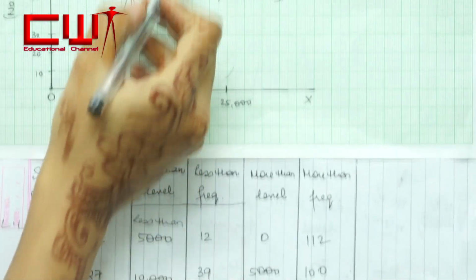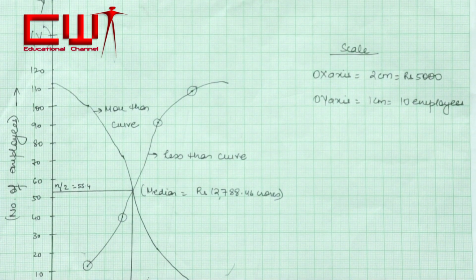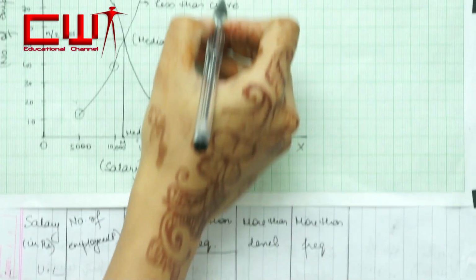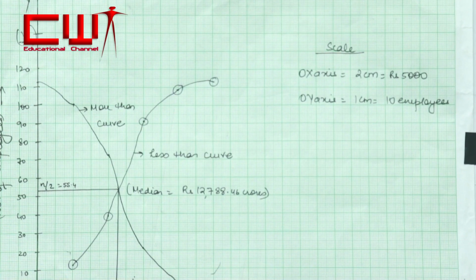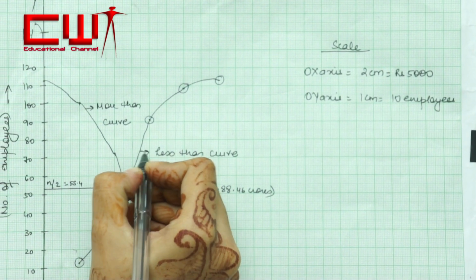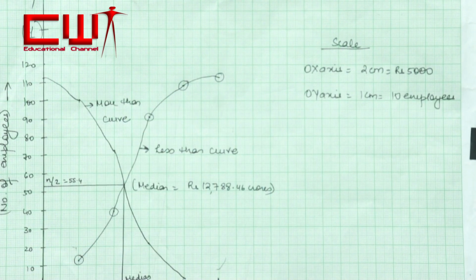On 20,000 it is 109. Put a dot here and put a circle. And at 25,000 it is 112. Mark 112. So you will get the less than curve. Immediately mark that this is the less than curve that we have made.